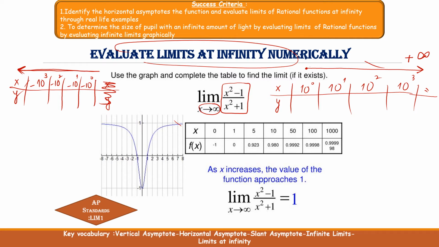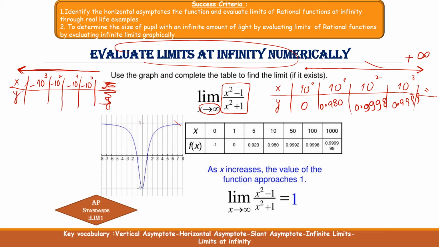When 10 to the power of 1, the answer is 0.980. 10 to the power of 2 gives 0.9998. 10 to the power of 3 gives 0.9999.